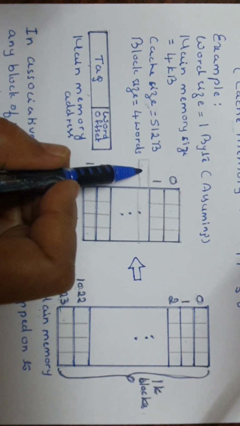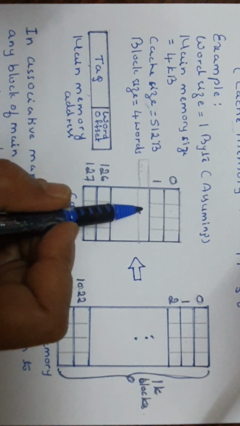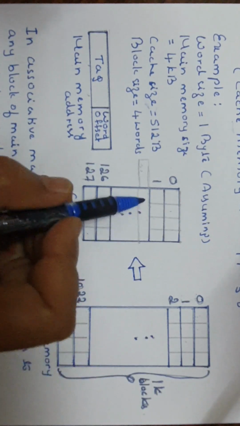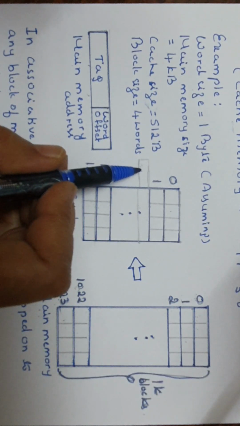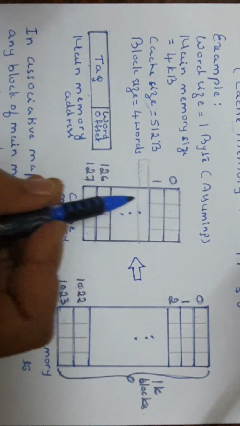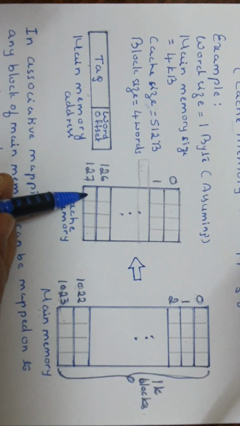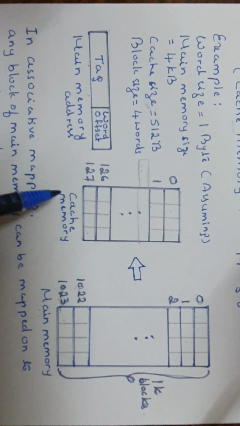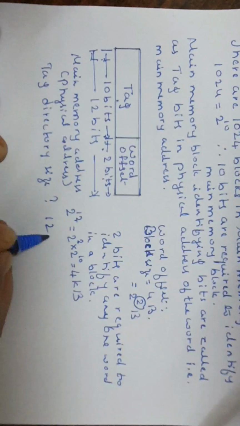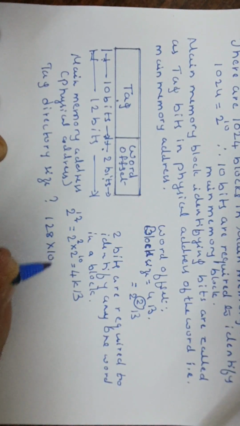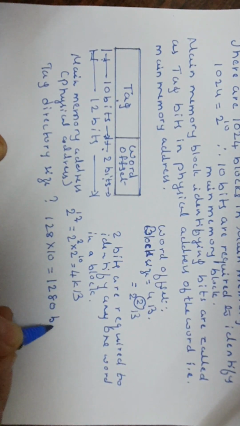So 10 bits form the block which is copied here from main memory. That 10 bits will be stored in the tag directory. Like that, how many blocks can be copied here? 128 blocks. Then how many tag bits will be there in the tag directory? 128 into 10, that is 1280 bits. This is the tag directory size.